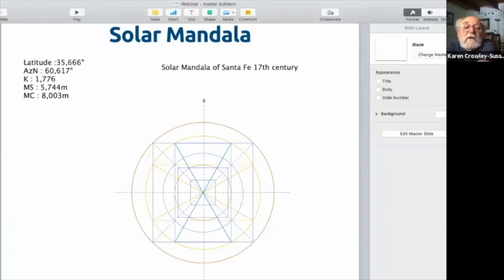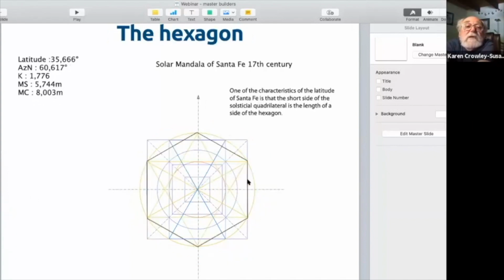Here you can see one of the main characteristics of Santa Fe, which is that we have a hexagon, which is the natural pattern of the place.